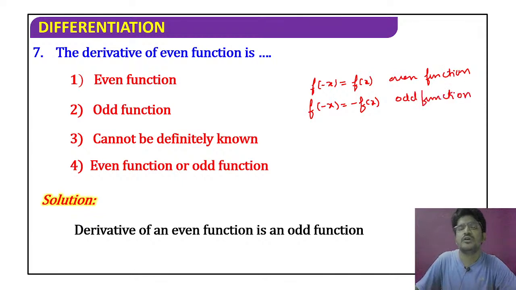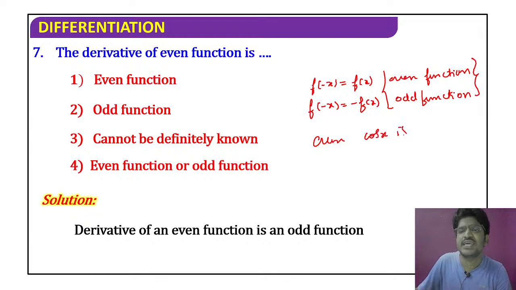By using these even and odd function forms, you can just go through it and you can solve it. For example, for even function, I can take cos x. Cos x is even function. In the same way, sin x is odd function.